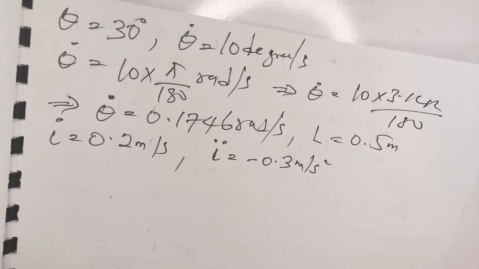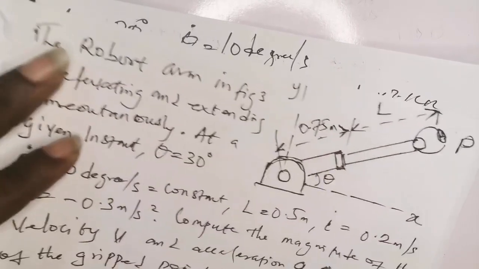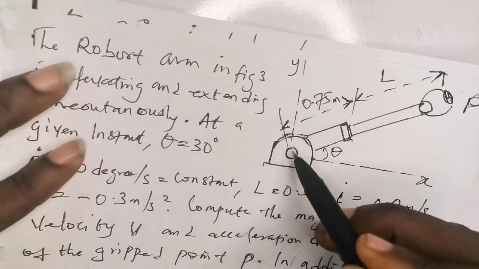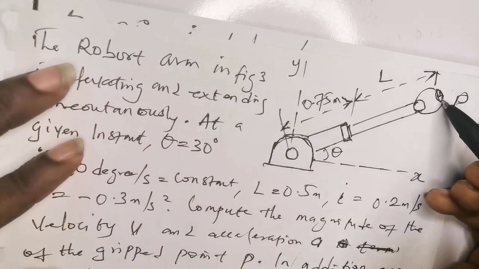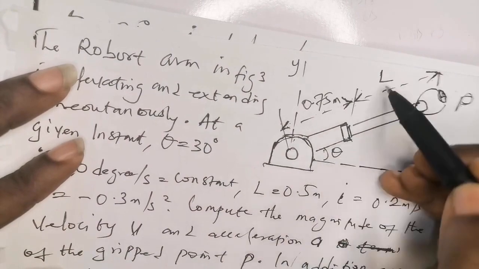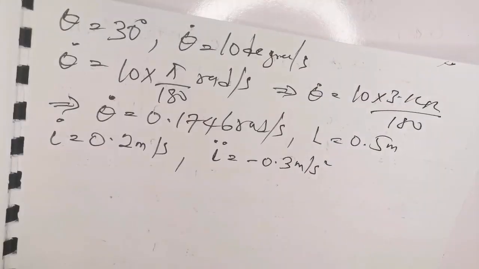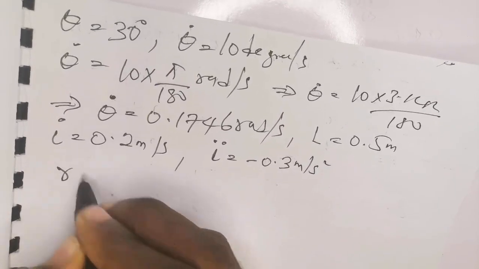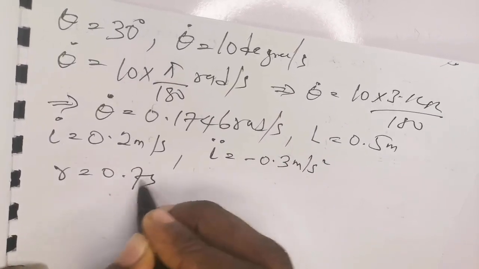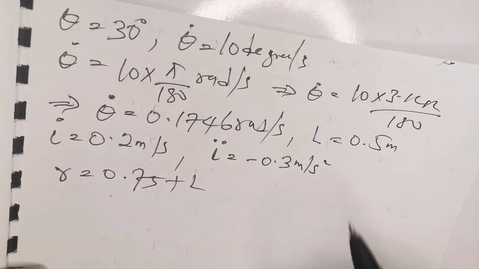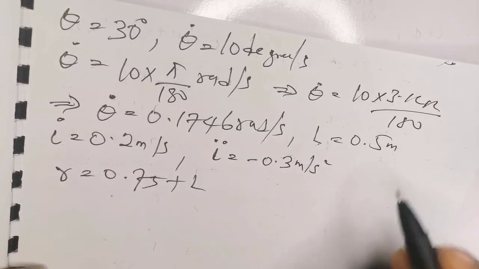But then let's take a look at the diagram once more. Observe that the radius arm of this robot arm is simply 0.75 plus the length L. That gives us the total radius arm. So you need to find your radius r. r equals 0.75 plus L. But in the question, we are given L to be 0.5.